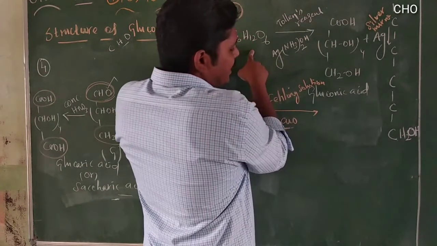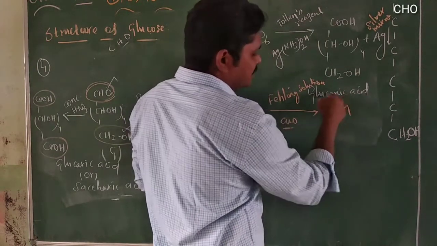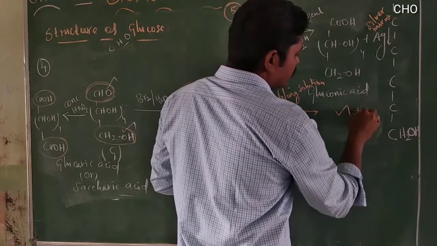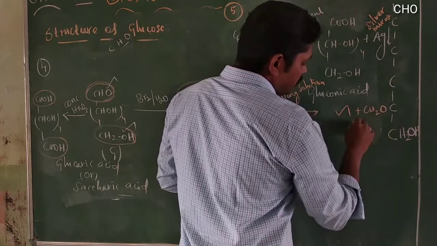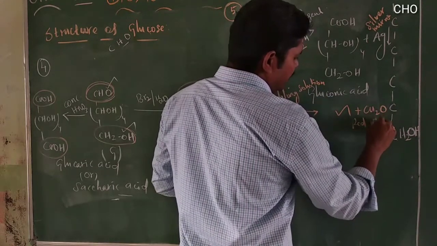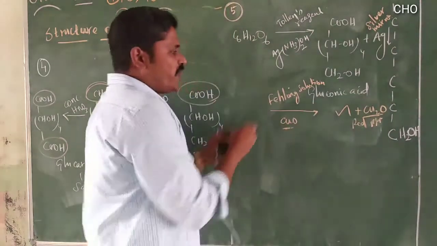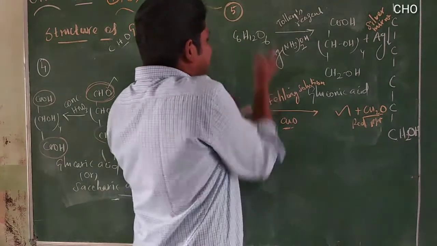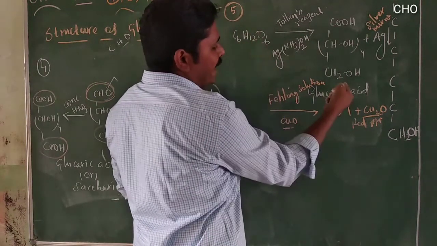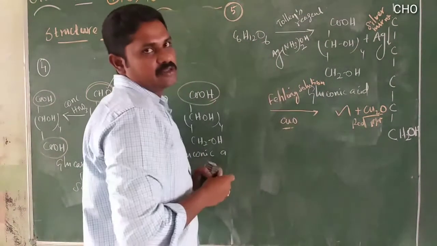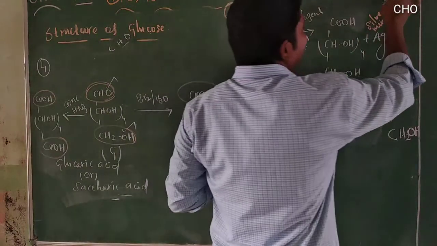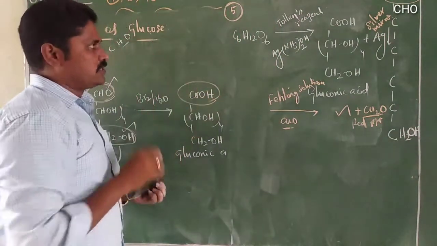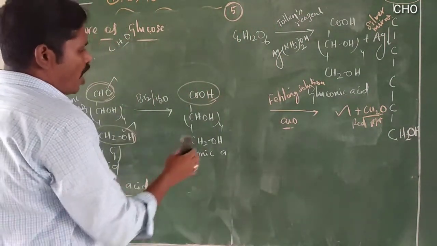The glucose is converted into gluconic acid and a red precipitate of cuprous oxide. So Fehling's solution is reduced to cuprous oxide, and glucose is oxidized to gluconic acid. So this confirms the presence of an aldehyde group at one end of the carbon chain in glucose.